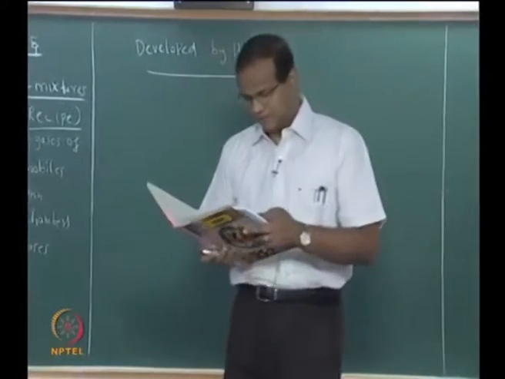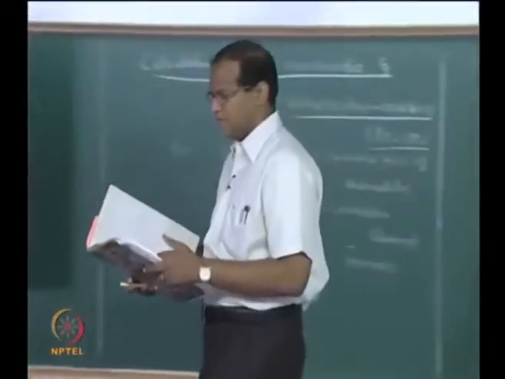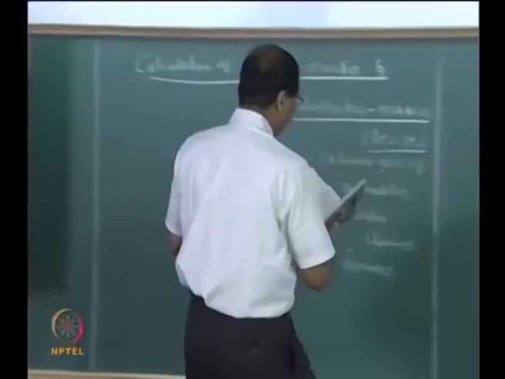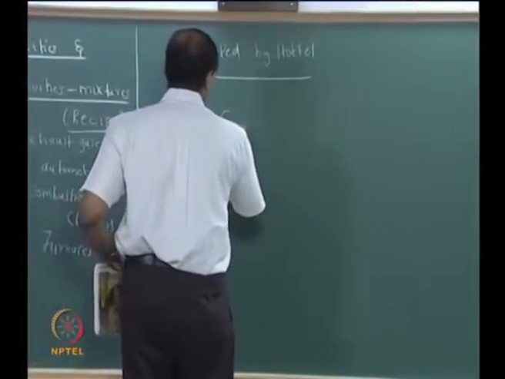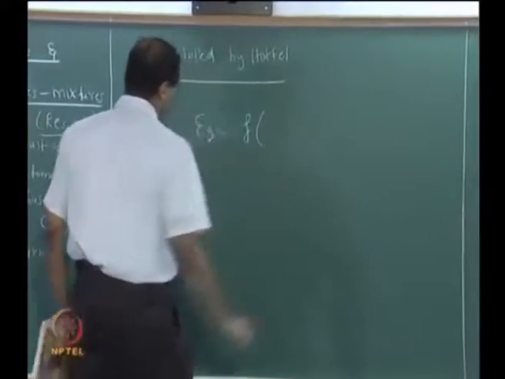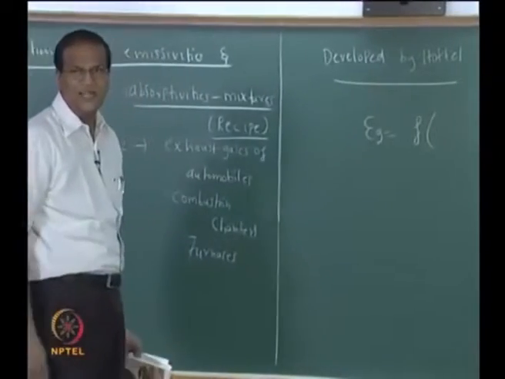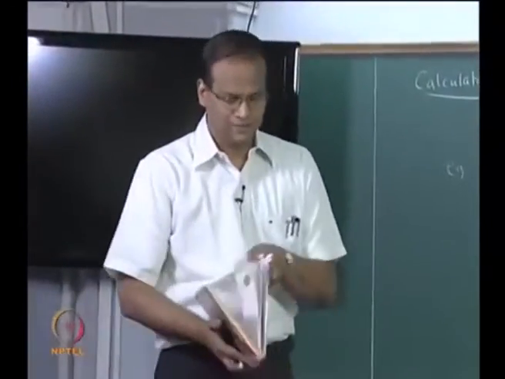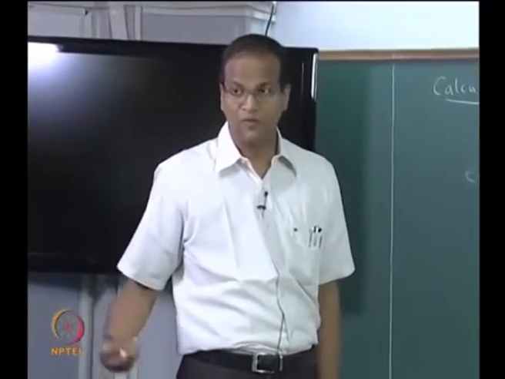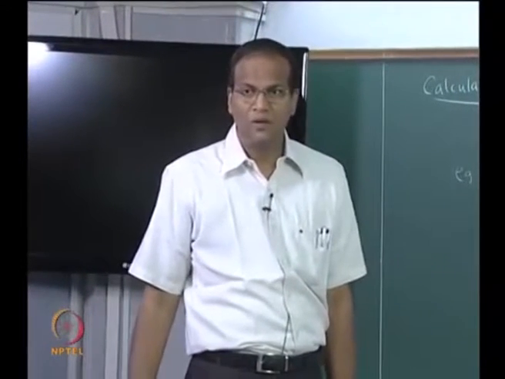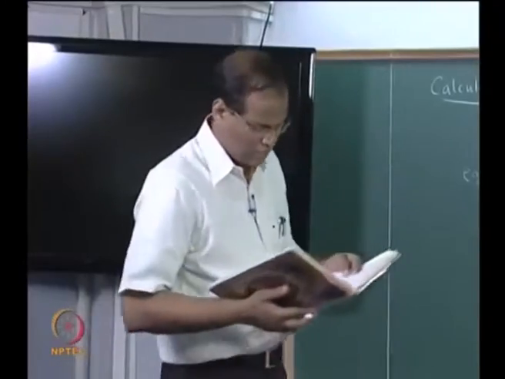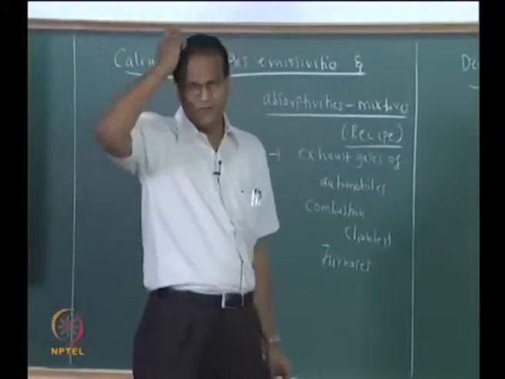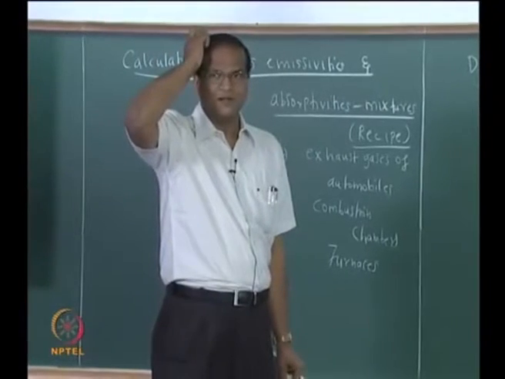Okay, these are the charts. So, now if you see epsilon g, that is the gas emissivity, should be a function of what all variables, from your study of optical depth, okay, optical depth.